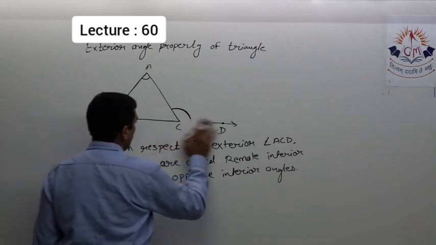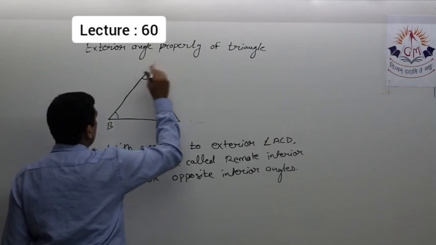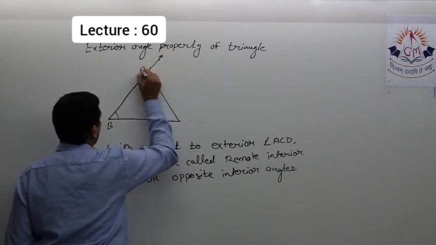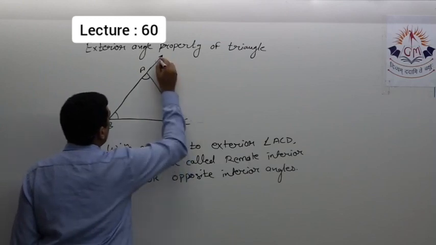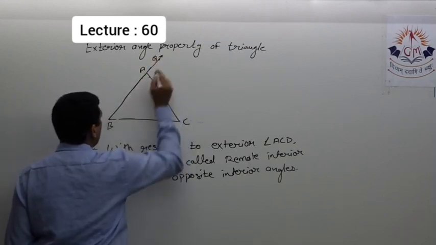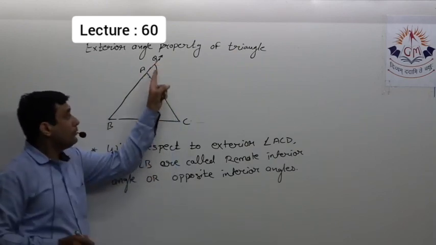Now suppose I take another exterior angle: let me extend CA to a point Q. The exterior angle is over here, QAB.